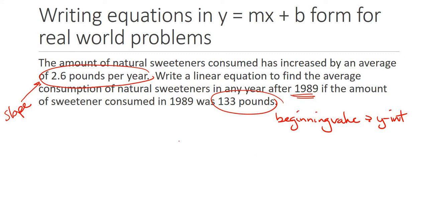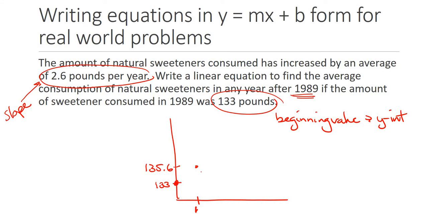So where do we start? That's what we're asking. So if I start at 133 pounds and I go up 2.6 every 1 year that I go to the right. So after 1 year, if I've increased by 2.6, I'm at 135.6.